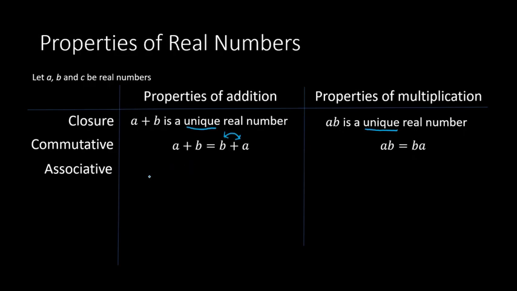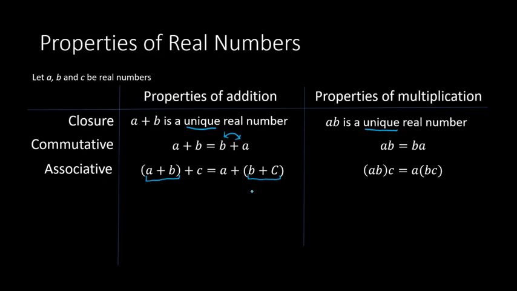Next, we have the associative property, and this is dealing with the grouping. So for addition and multiplication both, the grouping does not make a difference. So for addition, let's say we're adding 3 numbers, A, B, and C. It doesn't matter if we group and add A and B first, and then add C, or group and add B and C first, and then add A. The grouping does not make a difference.